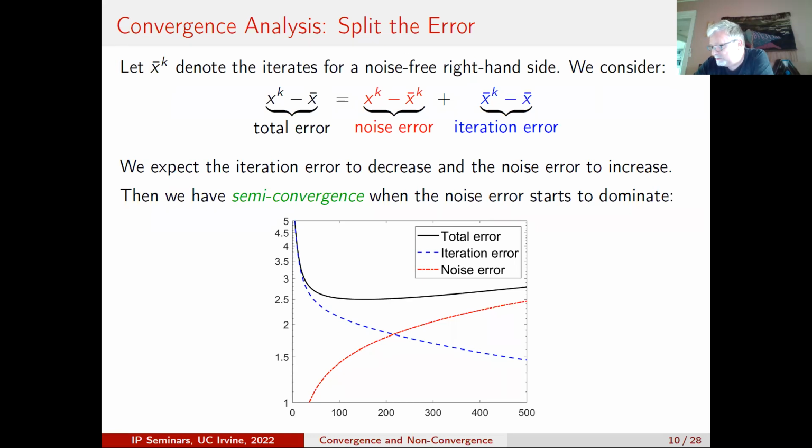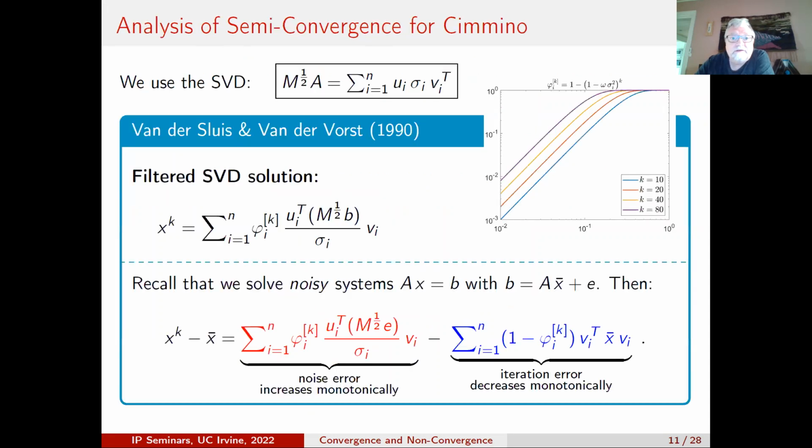And the way we can analyze this is, of course, by means of the singular value decomposition. This is certainly not new stuff. There's a very nice paper by Van der Sluis and Van der Vorst where they discuss these issues. I just see there's an M matrix in these equations.